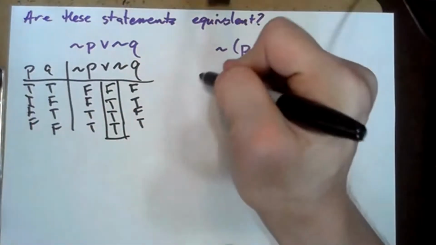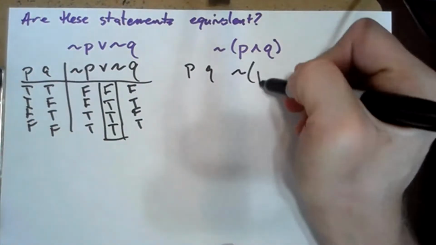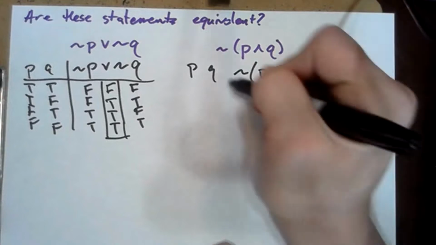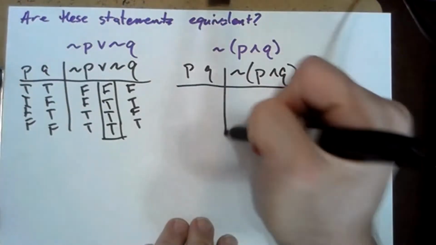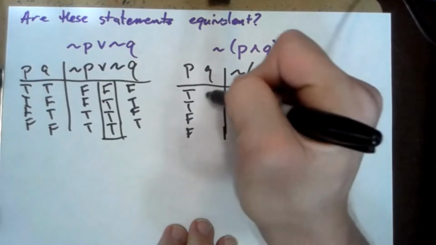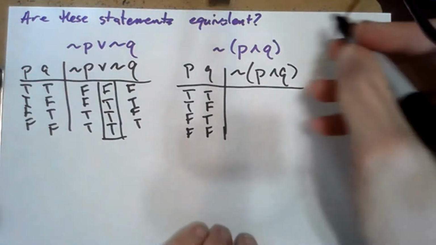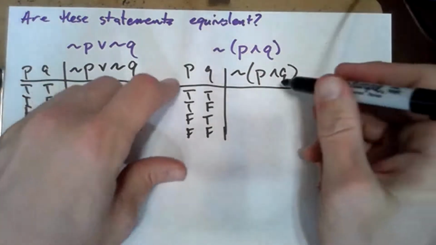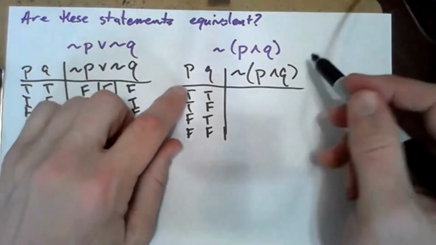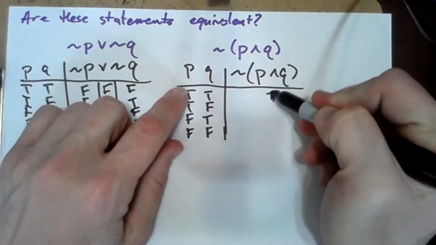Next, P, Q, not P and Q. True, true, false, false, true, false, true, false. For P and Q, we can really just do this here because we know what the and looks like. If both are true, that's true.